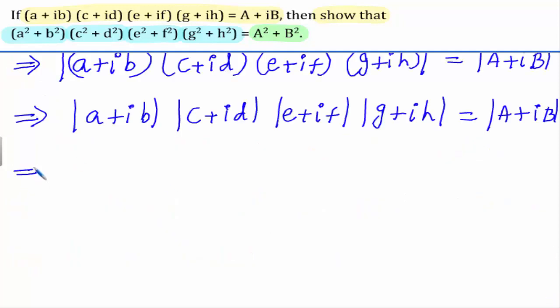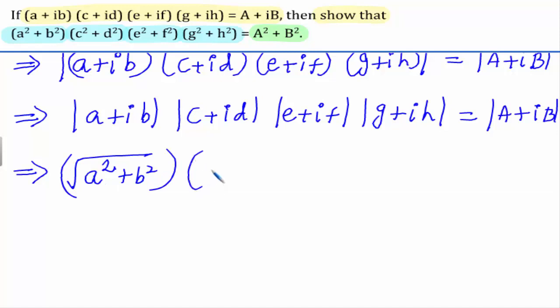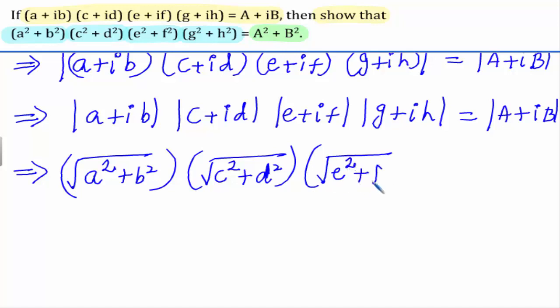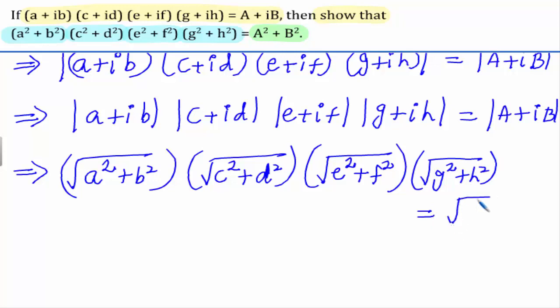If we find the value of this modulus, we get root of a square plus b square multiplied by root over c square plus d square multiplied by root over e square plus f square multiplied by root over g square plus h square is equal to root over a square plus b square.